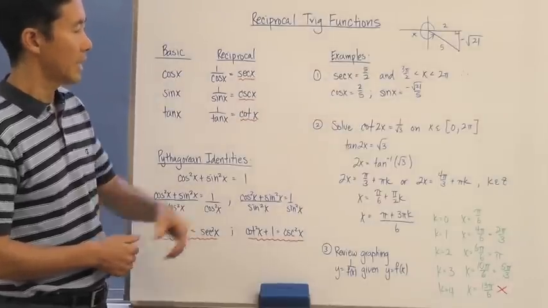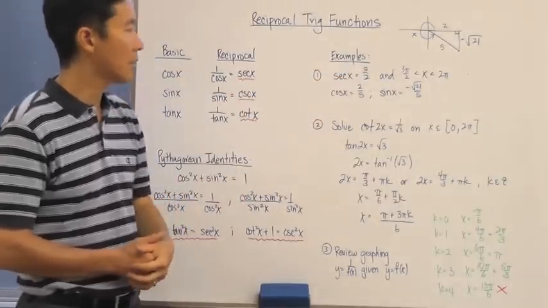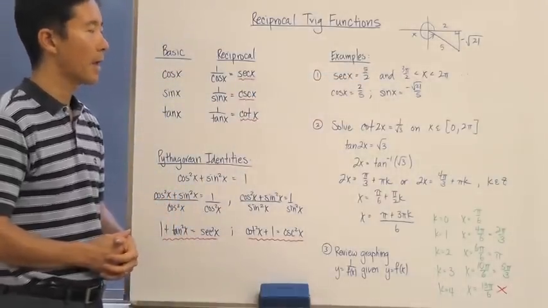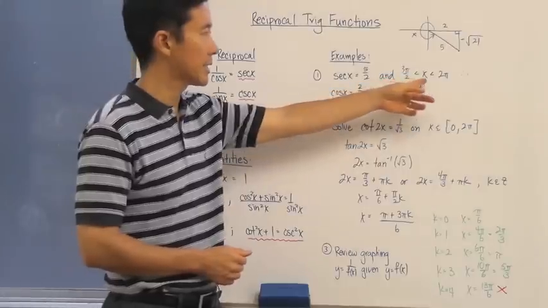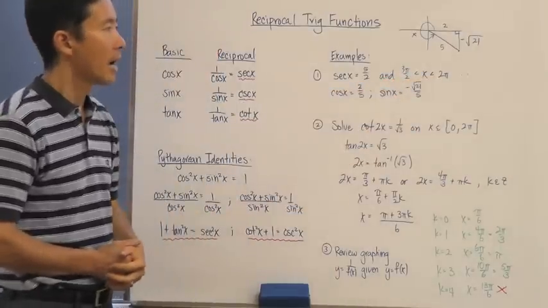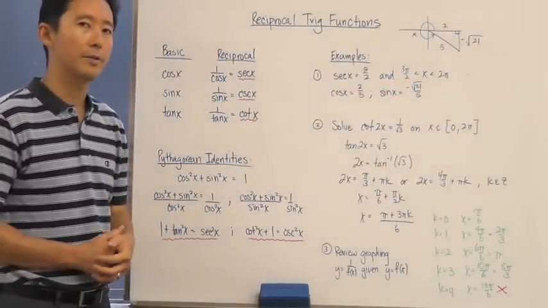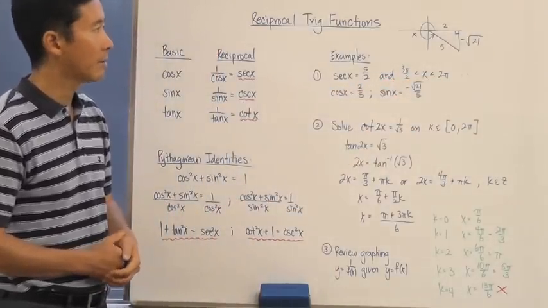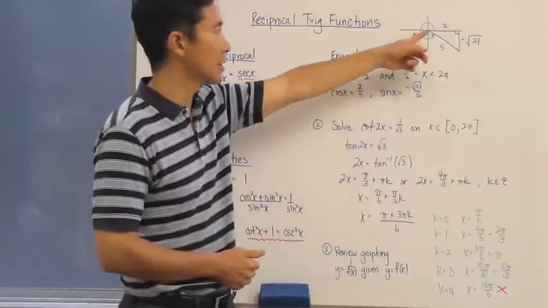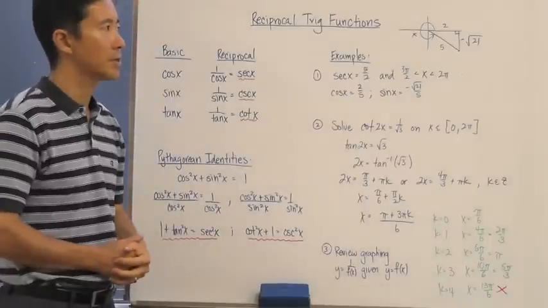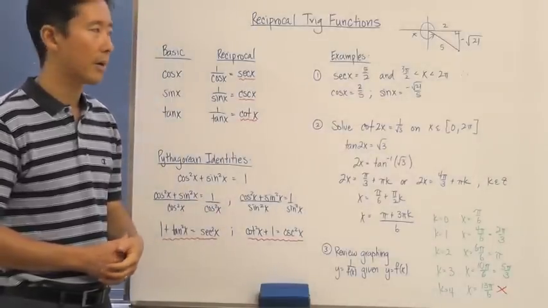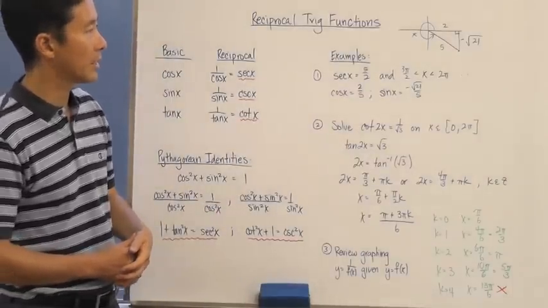Say for example, you're given the secant of x equaling 5 over 2, and you know that 3 pi over 2 is less than x is less than 2 pi. How can you find the other 5 trig functions? One way that we can approach this is using just a very small graph to describe where these values are coming from.